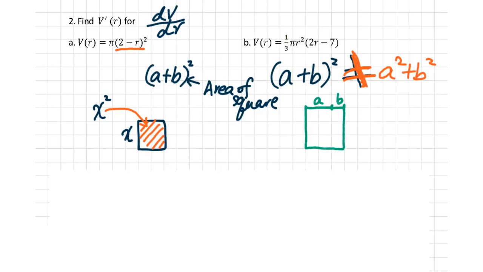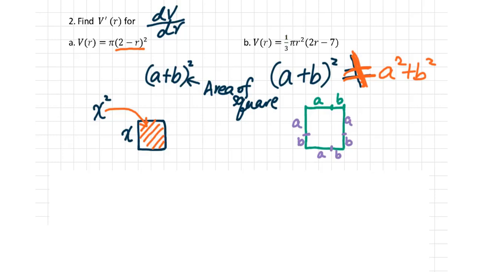Suppose this is A and this is B. Here is A, here is A, and here is B, B, B.